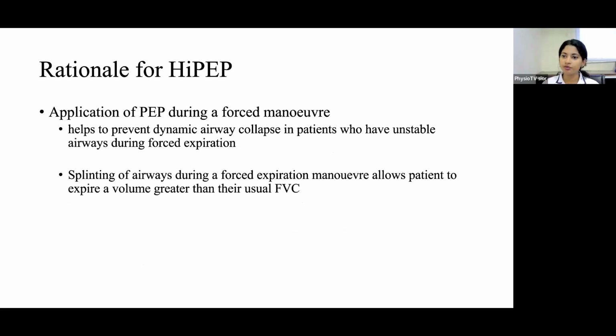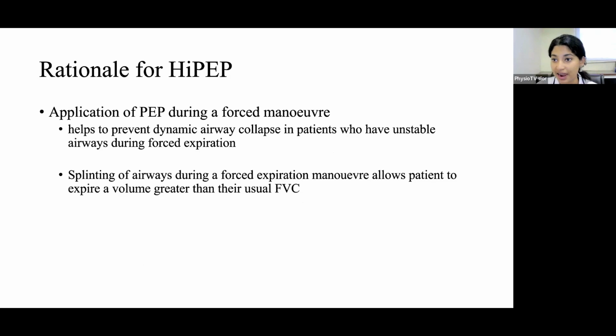So when you perform a forced maneuver or a forced expiratory technique, as we saw, there are chances of the airway getting collapsed because of the force of the expiratory flow. There are chances that the airways might end up collapsing.